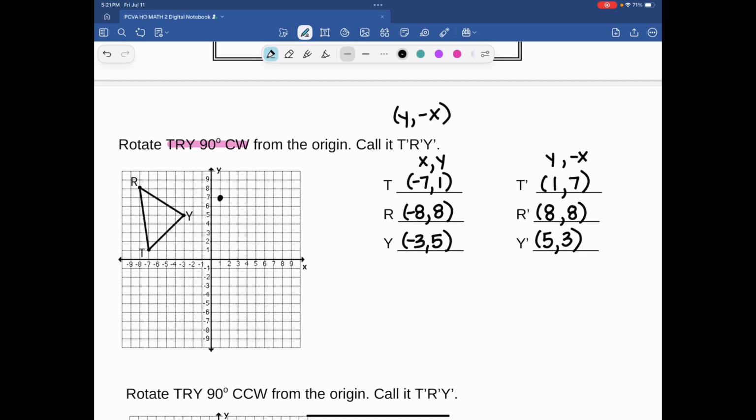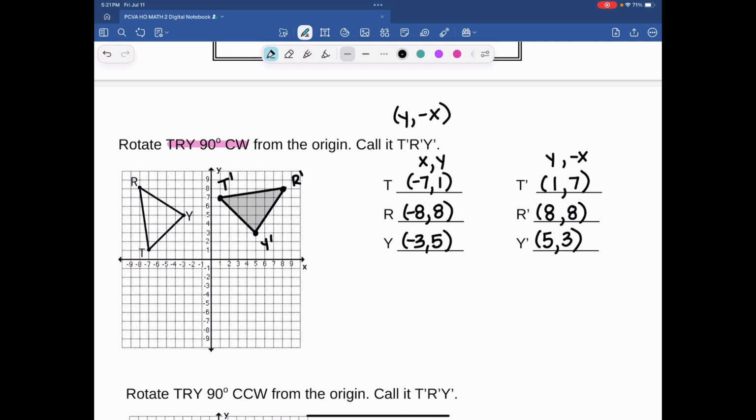That's going to be my T prime. Then we have +8 and +8. That's going to become my R prime. And then we have +5, +3. That's going to become my Y prime. If we connect all of those, you can see that rotation there.